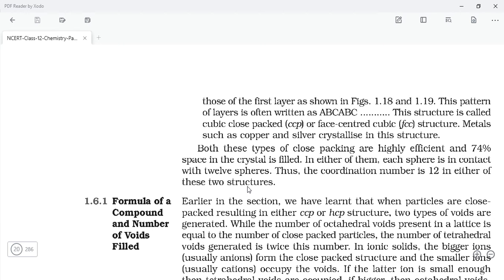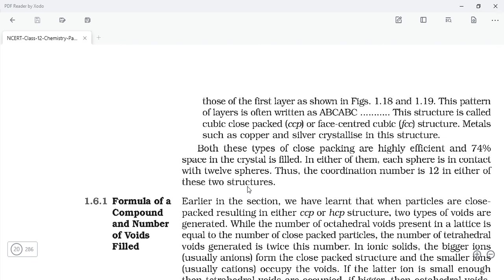This pattern of layers is often written as ABC. This is called cubic close packed CCP or face centered cubic FCC structure. Metals such as copper and silver crystallize in this structure.